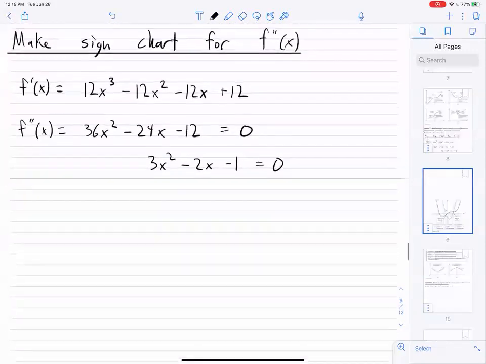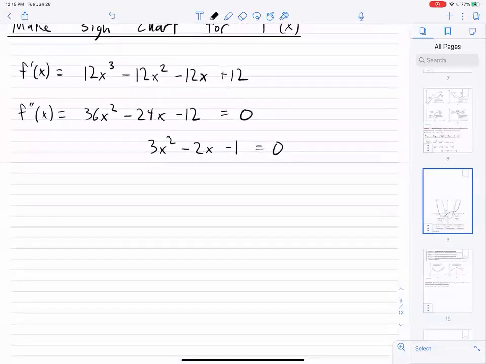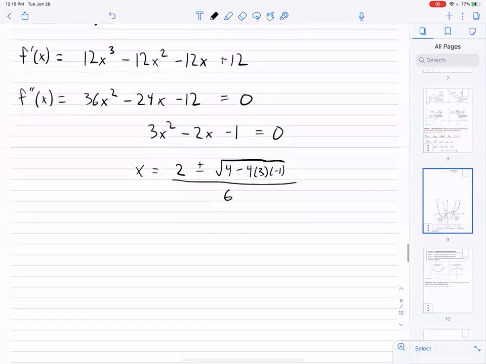To factor that, I'm trying to think what the easiest way is. Let's just do the quadratic formula. So x equals negative b, which is 2, plus or minus the square root of b squared, so 4, minus 4ac, minus 4 times 3 times negative 1, all over 2a, which is 6.